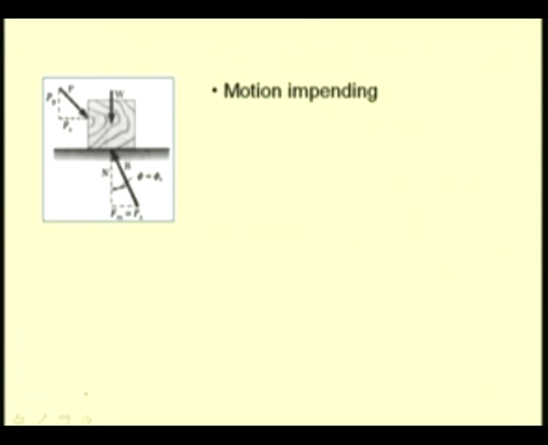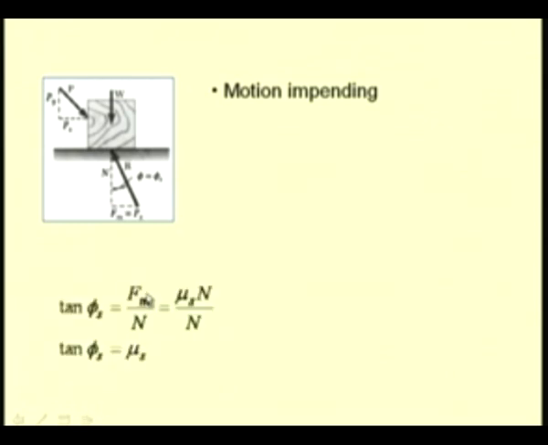If the motion is impending, then this angle is equal to phi s, what we call as the angle of static friction, in which case the developed frictional force is equal to the maximum limiting force, that is Fm.